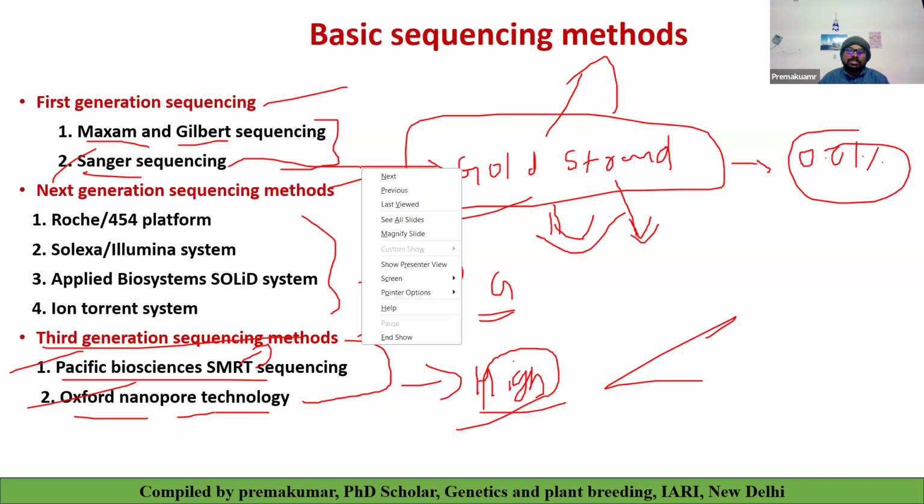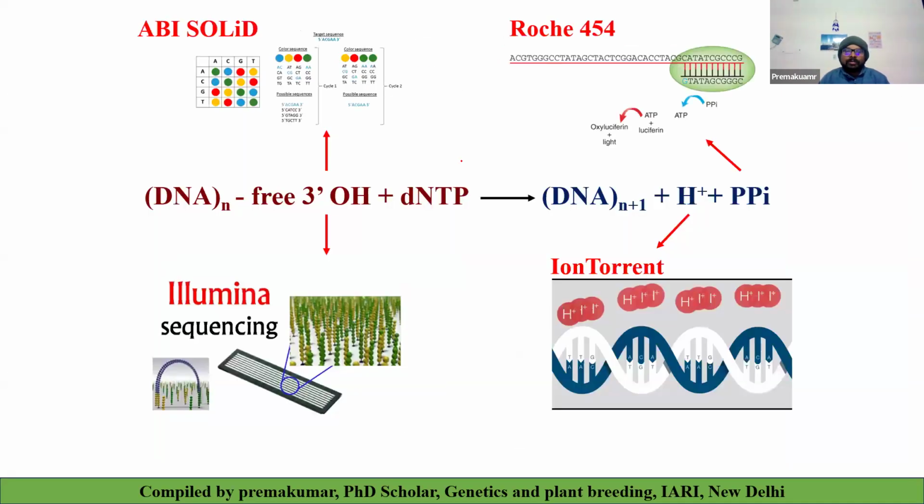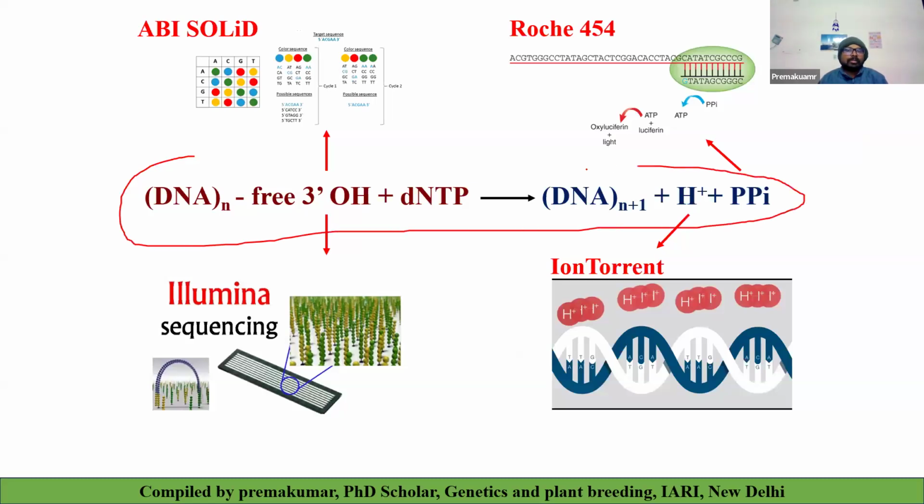Then, what is Sanger sequencing? Every sequencing method is revolved around one chemistry: DNA replication, or nucleotides adding to the growing chain of DNA. Every sequencing method relies on this single principle, but they use different approaches.